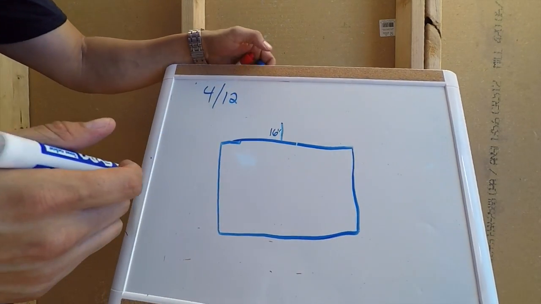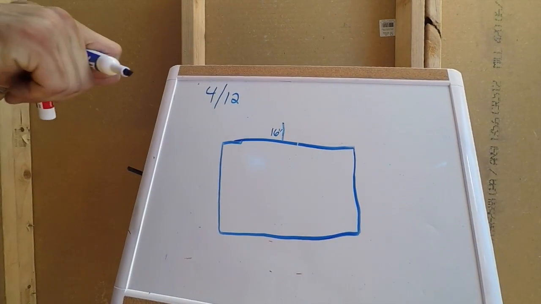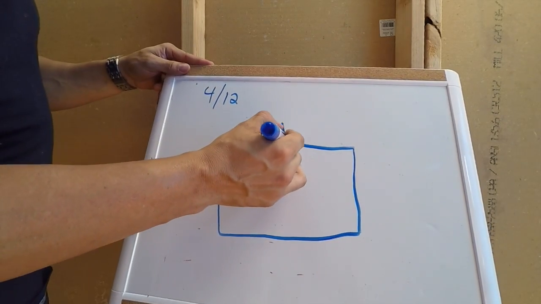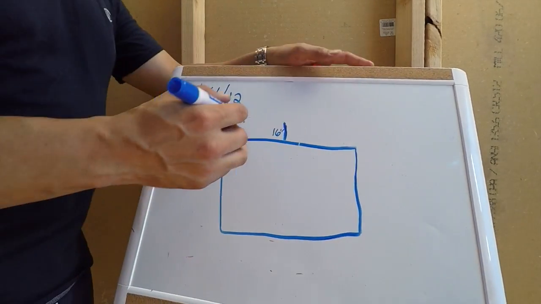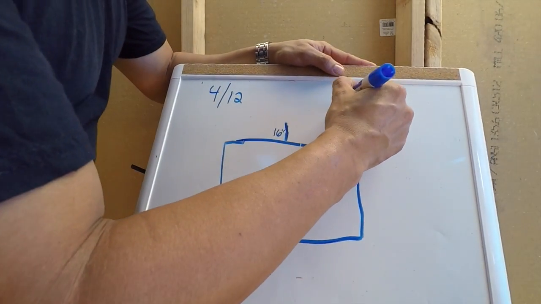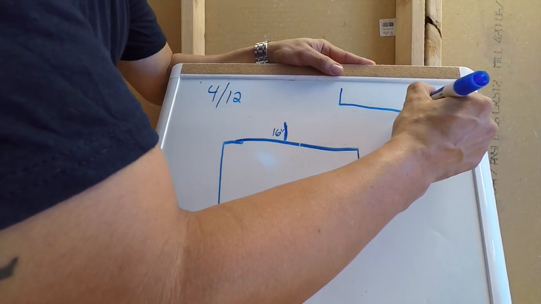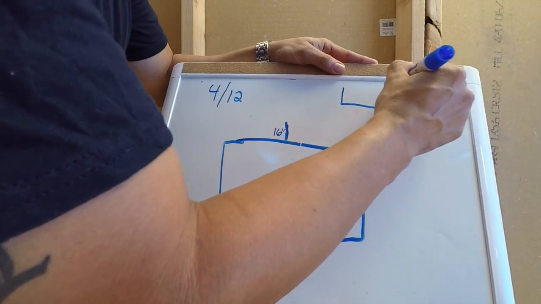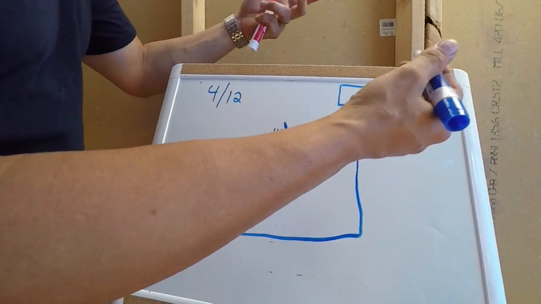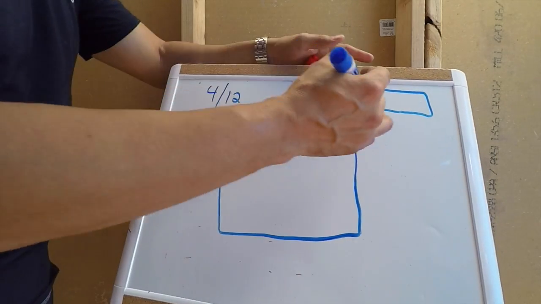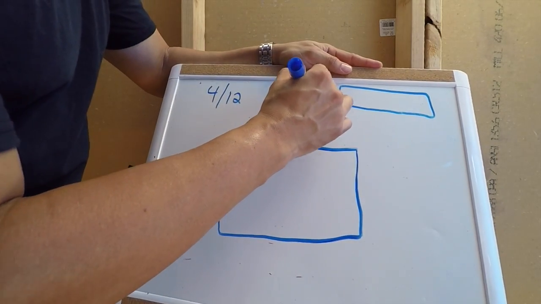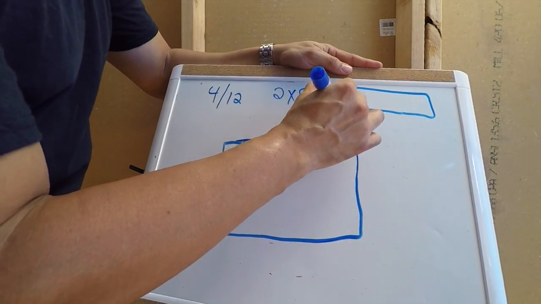16-inch rise. So, how do I find out how to build this? Say we're using a 2 by 8 by 8 or 10, whatever you're using, it doesn't matter. 2 by 8 by, let's say, by 10.